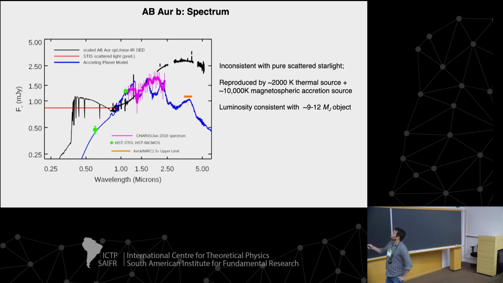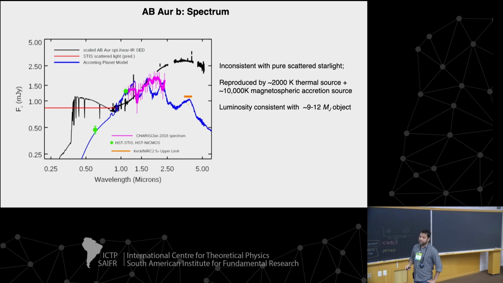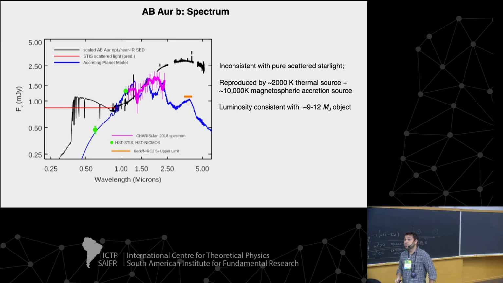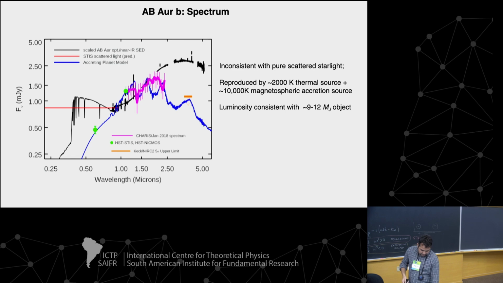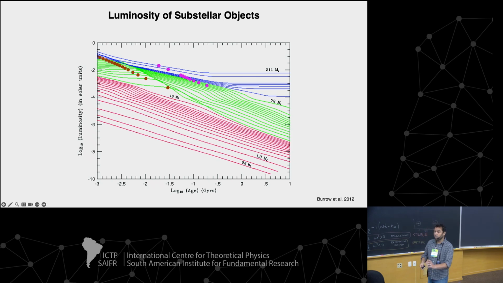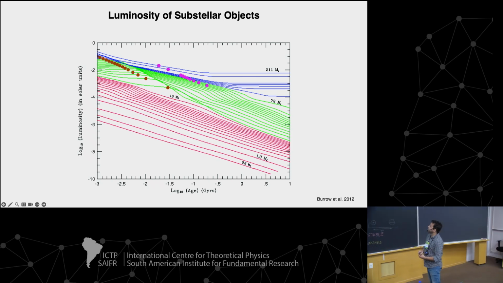The luminosity, if you integrate all of the light that you're getting from the planet, it's about 2.5 times 10⁻³ solar luminosities, that if you constrain with the age of AB Auriga, so thank you folks for measuring ages for us, you find that this is consistent with a mass of about 10 Jupiter masses.